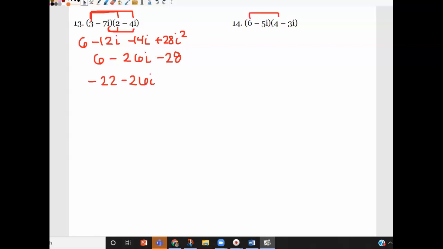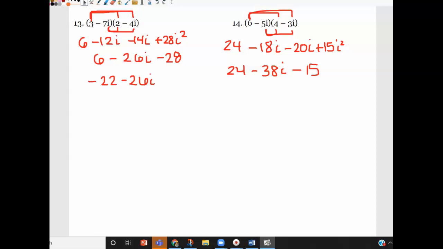Similarly in 14, and you get 9 minus 38i.